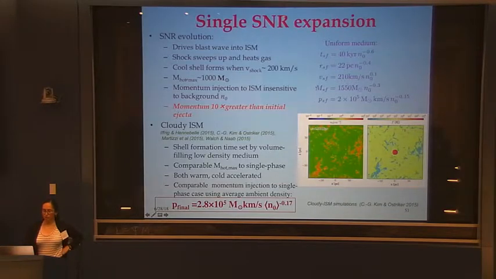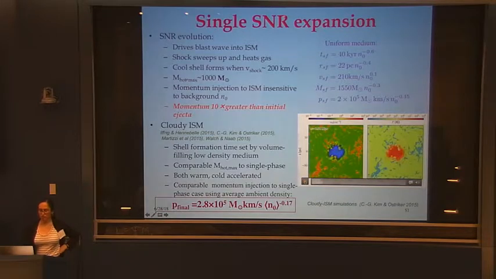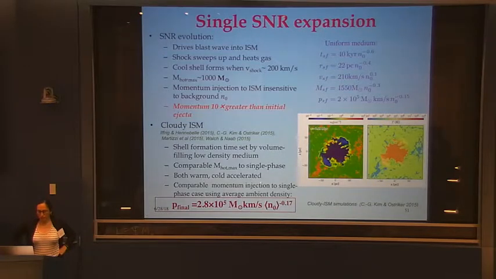So these are for a uniform medium, but of course the ISM isn't uniform. So this is showing a simulation of expansion of a single supernova remnant in a cloudy ISM. It turns out that the shell formation time is pretty close to what it would be if you use the intercloud medium here.